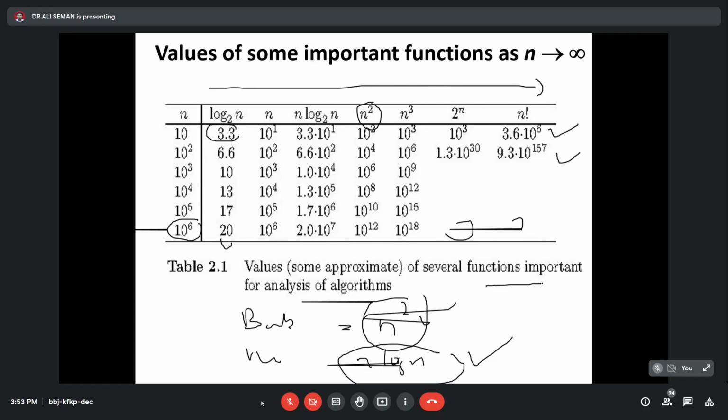Kan? Maknanya, katakan bubble sort tadi, you try to improve, you claim that your algorithm is efficient. You have to do the analysis and finally end up with less than n squared, maybe n log n. Then baru you kata you can improve the bubble sort. Otherwise, you just self-claim without any scientific evidence.